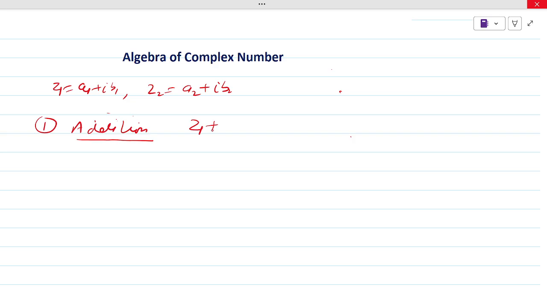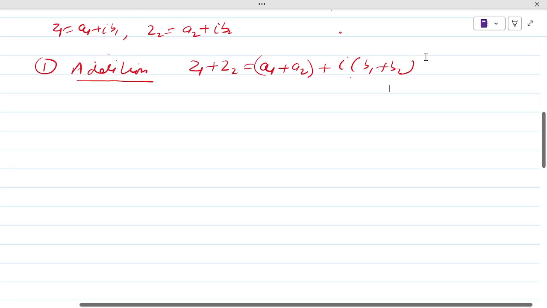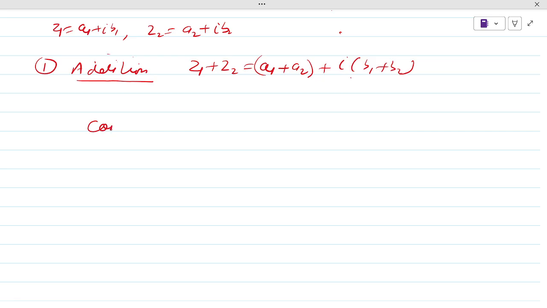Clearly, addition: z1 plus z2 is equal to a1 plus a2 plus i times b1 plus b2. Now, from the vector point of view, as we discussed, there are two ways to analyze a complex number.